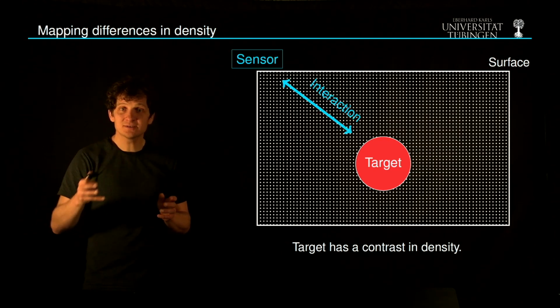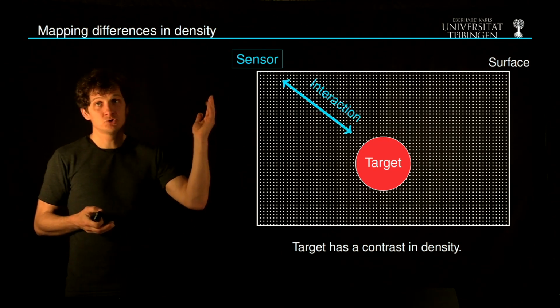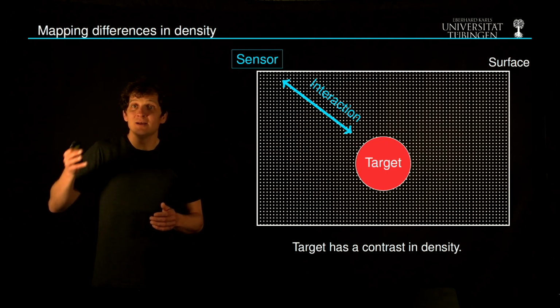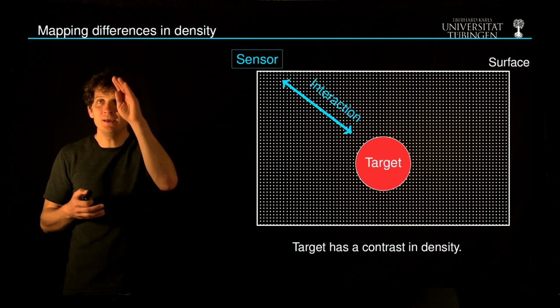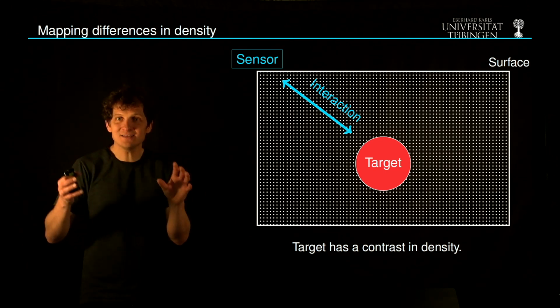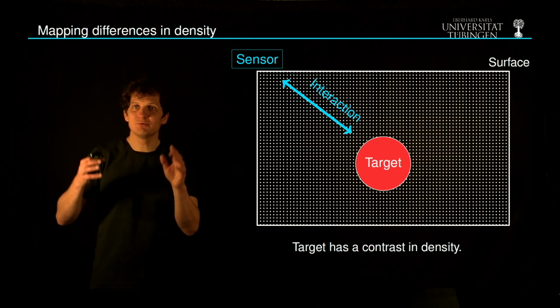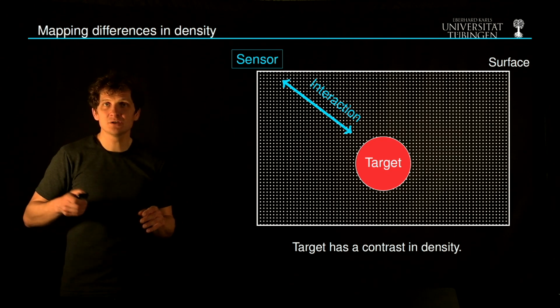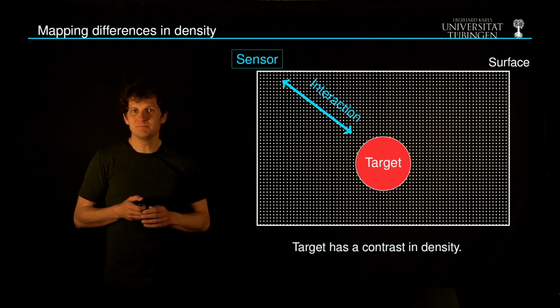The detection of this target is done with a sensor which is typically, but not always, located at the surface, and the detection works by means of the gravitational force, meaning a denser target in the subsurface would be located by detecting a stronger gravitational pull of our sensor.